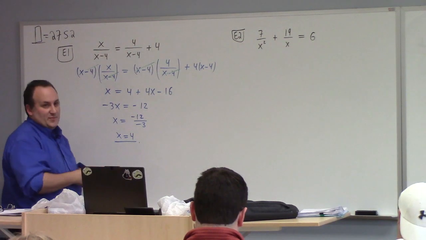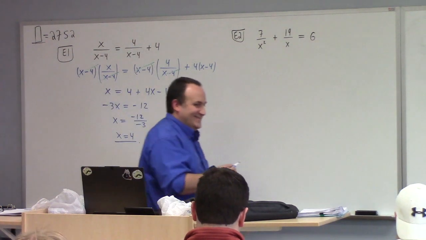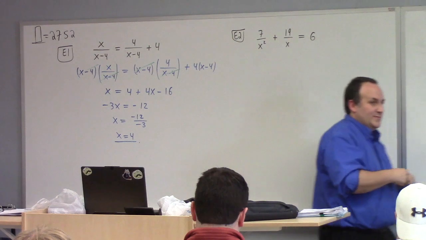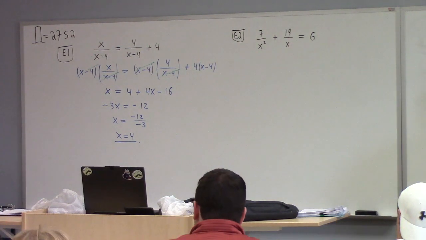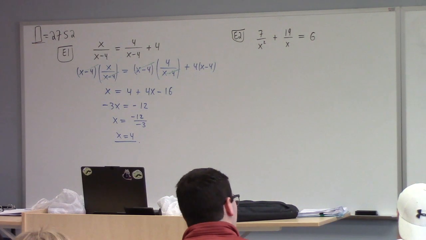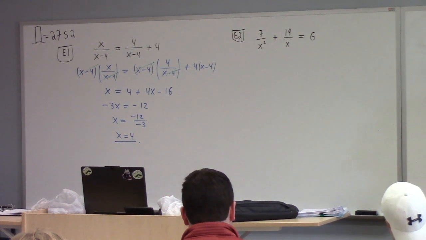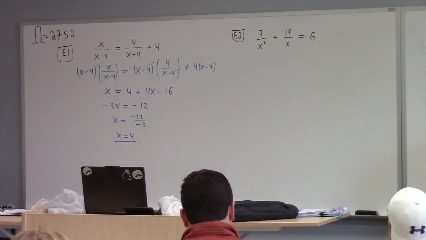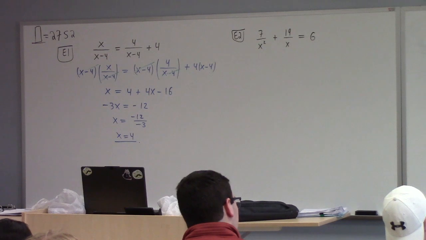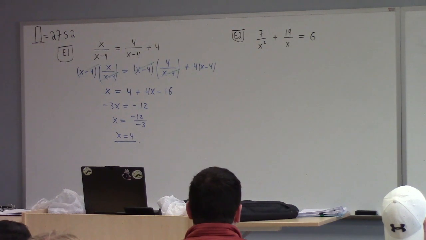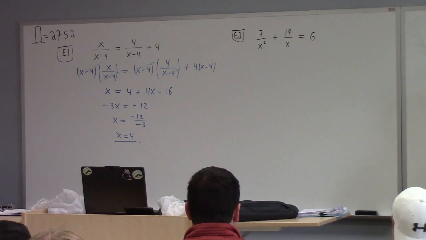Now, but what's the problem, Michael? Is there a problem? I was so excited that I just did right through it without even noticing my mistake. I don't think it's a mistake yet, but in these problems, the thing is, when you multiply by x minus 4, there's one case where you're changing the solution set, when you're trading the equation you have for a new equation which is not the same.